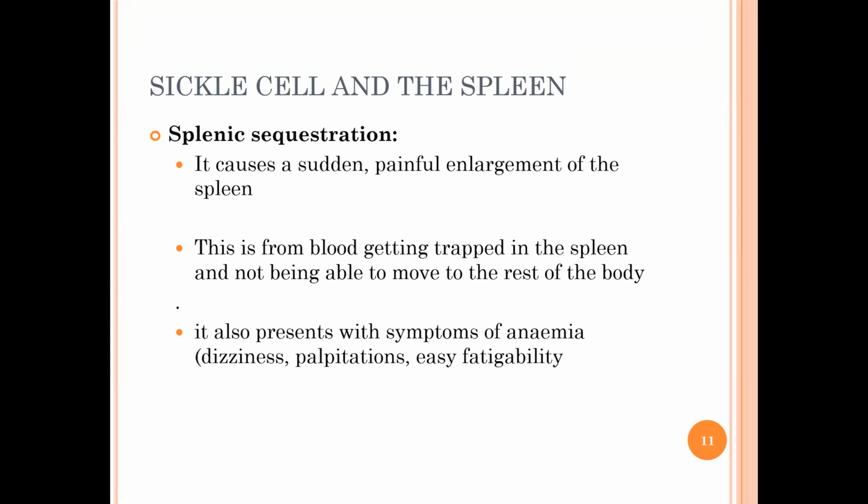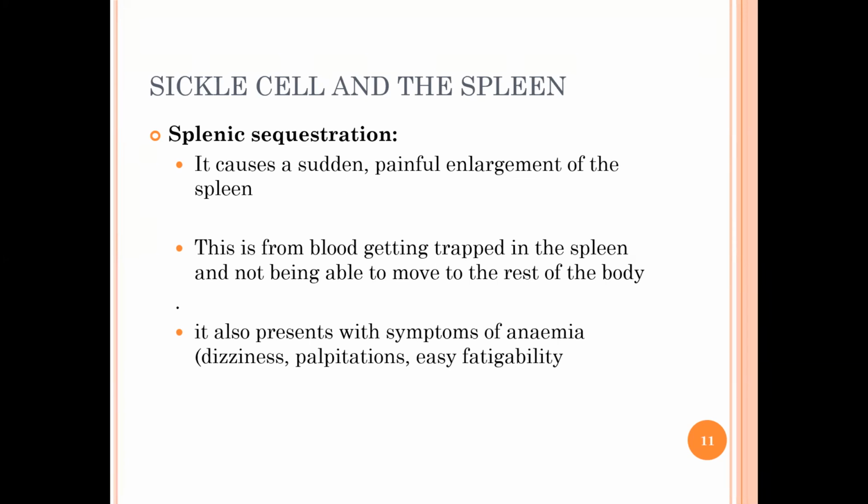Remember, I said that ideally red blood cells go to the spleen and are filtered. So the old red cells and the damaged red cells should be filtered out. But sometimes in sickle cell disease, because sickle cell red cells are not normal, they'll be taken to the spleen to be filtered, and then they get trapped in the spleen.